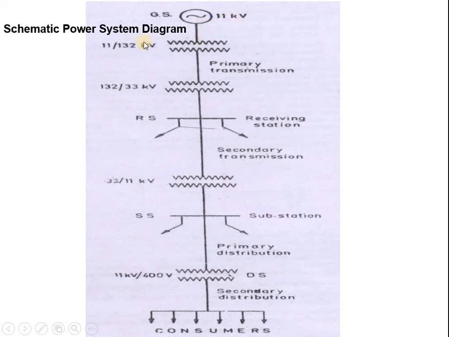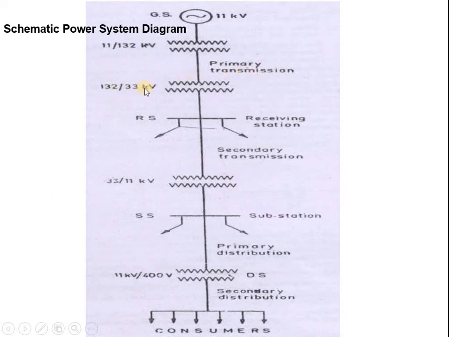This 11 kilovolt is stepped up with the help of step up transformer to 132 kilovolt. So this is the symbol of transformer. After this, 132 kilovolt is transmitted via transmission line and that is called as a primary transmission.